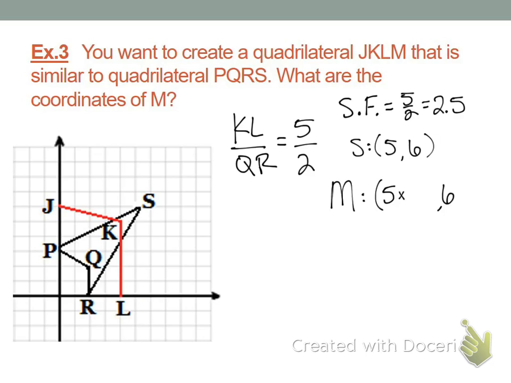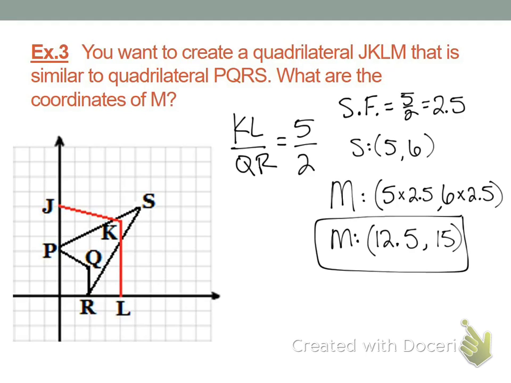Multiply by what? The scale factor. So multiply it by the scale factor both times. 5 times 2.5 is 12.5. And 6 times 2.5 is 15. Okay, so that would be the coordinates of M.